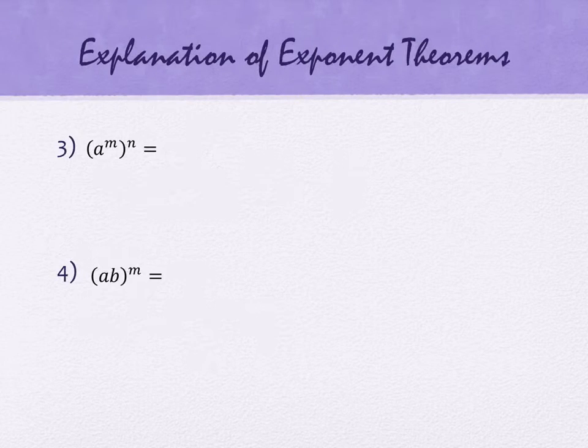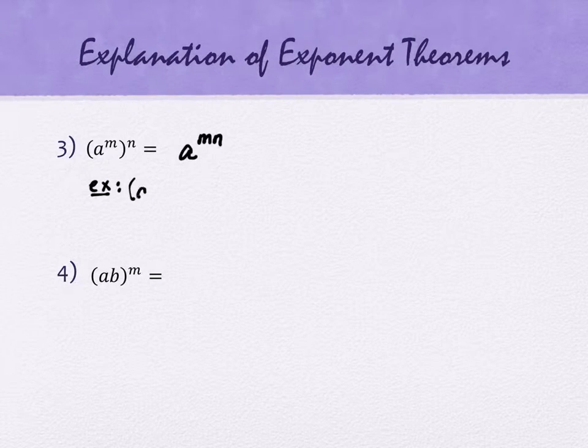Okay, I'm going to do almost the same one on 3 as what I did on 1. So this is m times n. We said it should be multiplication. So the example that we're going to do is a to the 3rd, to the 2nd. Property 3 and property 1, sometimes people get them confused. When do I add? When do I multiply?